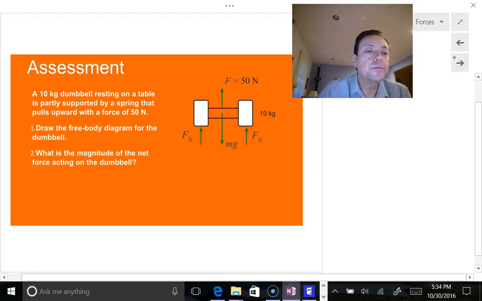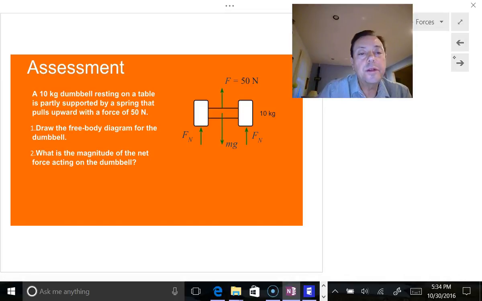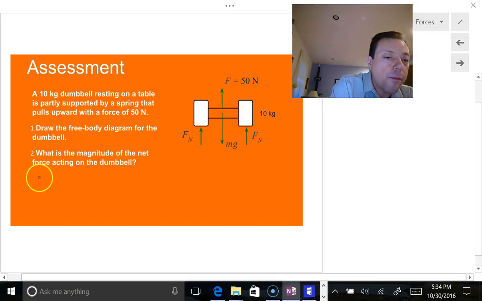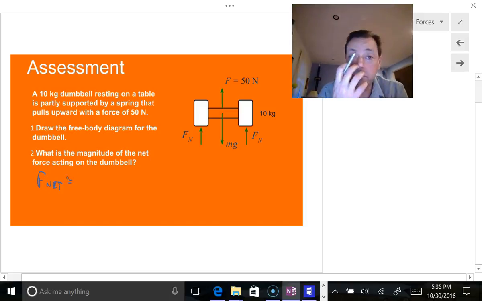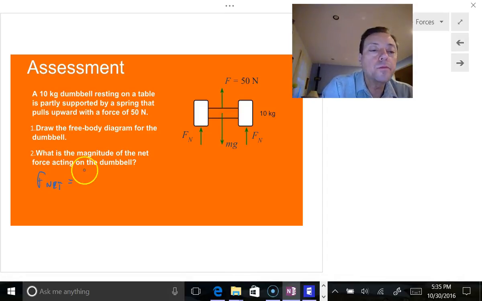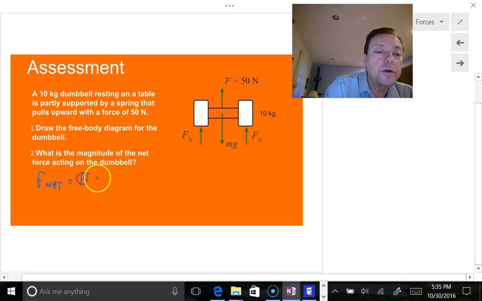And there it is. What is the magnitude of the net force acting on the dumbbell? Well, if I were to add all this up, it's F plus 2Fn minus mg.